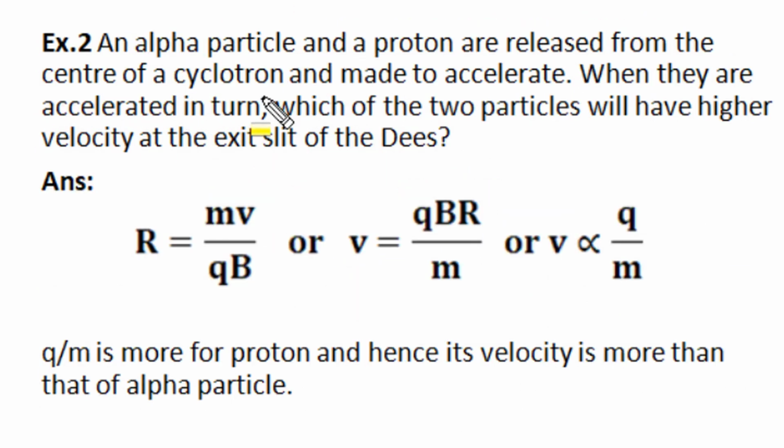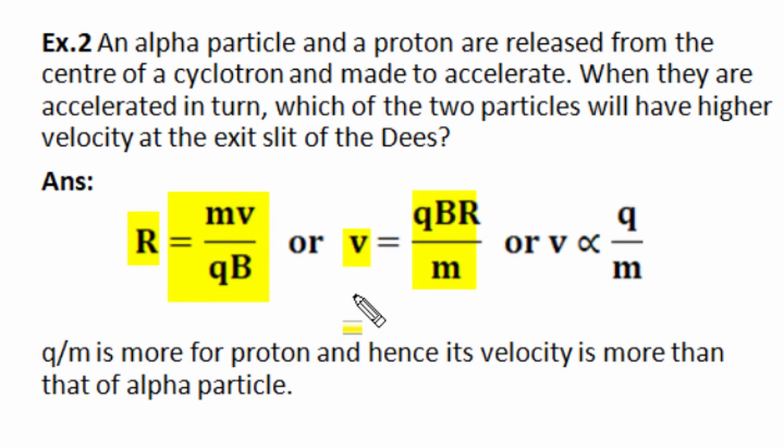If in one cyclotron with two different frequencies, once an alpha particle and another time a proton are accelerated, which of the two particles will have higher velocity at the exit of the highest radius D position? The radius of circular motion is given as mv upon qB, where m and q are the mass and charge of the accelerated particle, v is the velocity of the particle, and B is the working magnetic field.